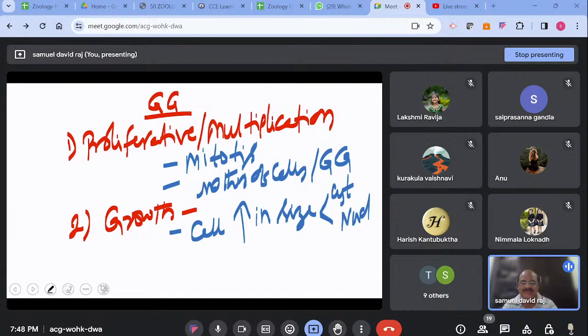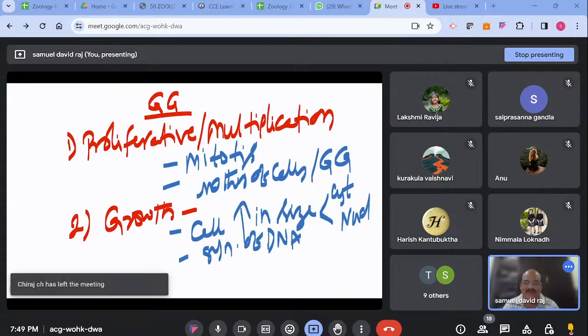And this is the phase which in the cell cycle we call G1 and G2, where synthesis of DNA also takes place and each chromosome is represented by a pair of chromatids. Thus the cell increases in size.